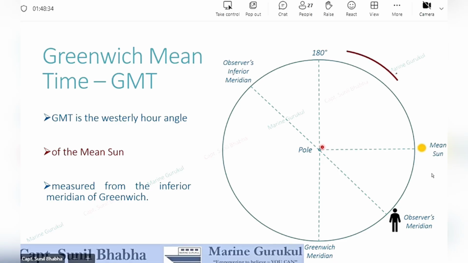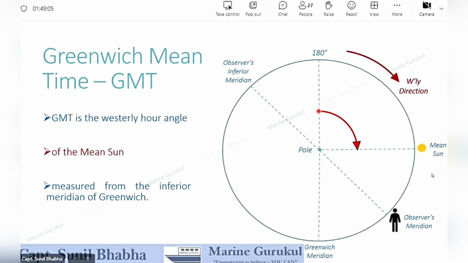Now GMT is referred to by this red color arc and angle. You see GMT is the westerly R angle. You can see this angle is measured in the westerly direction, up to the mean sun, and it is measured from the inferior meridian of Greenwich.